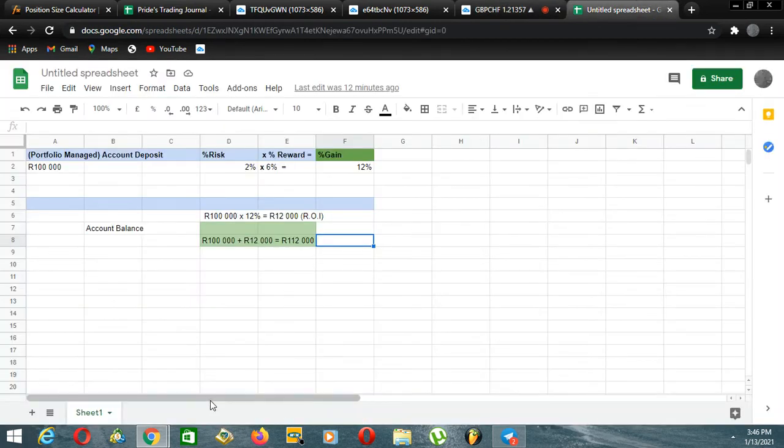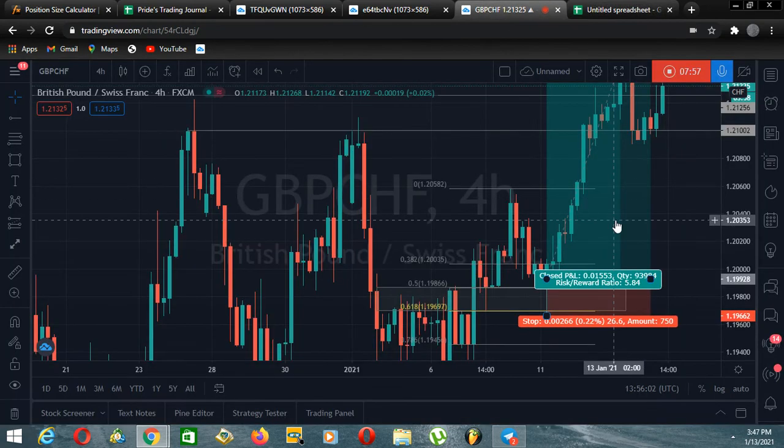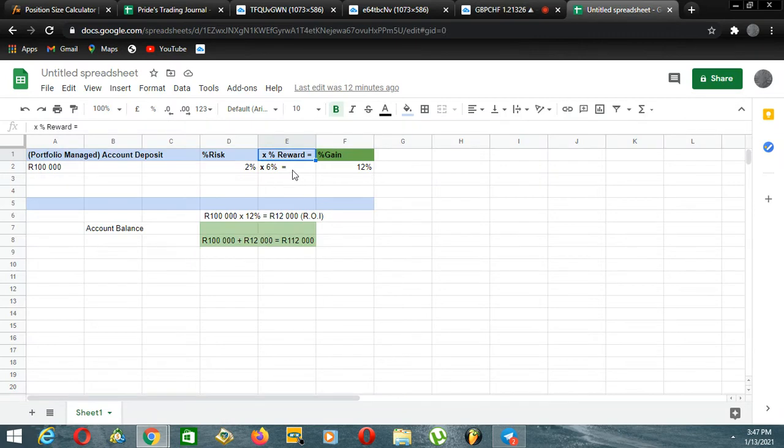If you calculate how much you banked, I'm from South Africa, so I'm going to use a 100,000 rand account. If this is your portfolio managed account, this is your deposit, you deposit 100,000. Then your risk percentage is 2% per trade, and your reward is like 5.84%, which we could round off to 6%.